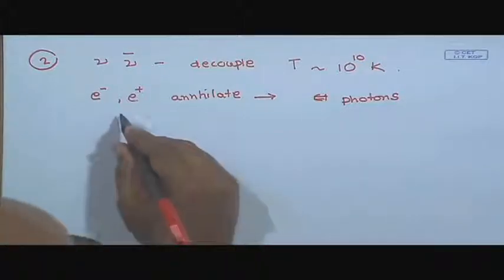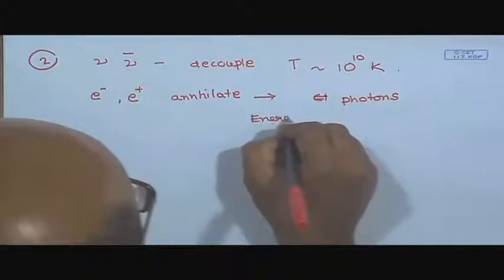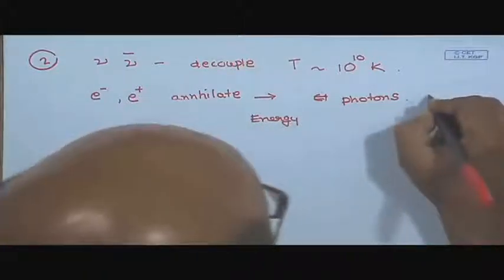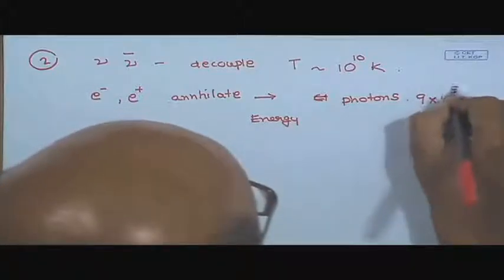So, there is extra energy that goes into the photons at around 9 x 10^5 Kelvin.